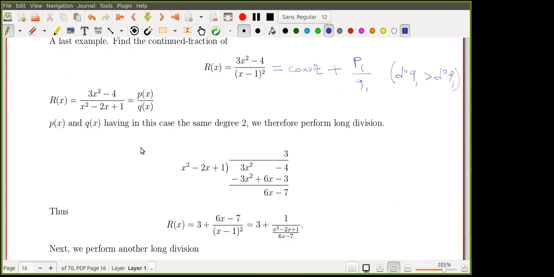So let's do that. We perform the long division. This is our numerator, this is the denominator, meaning we have the dividend, which is this one, and this is the divisor.